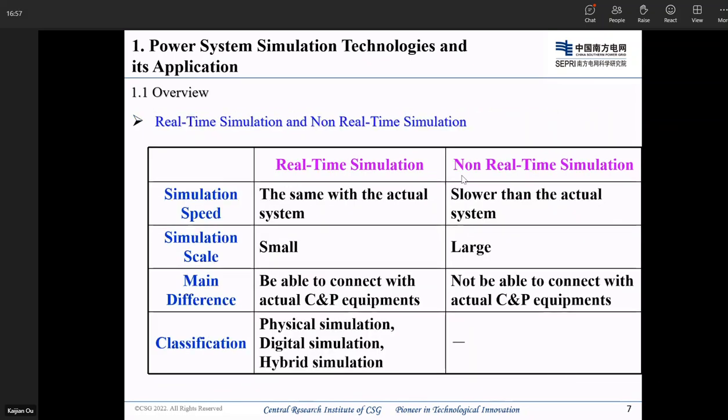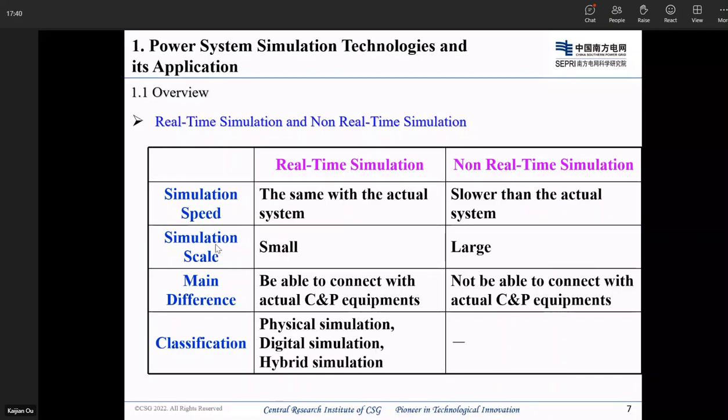For real time and non-real time simulation, there are also many differences. For real time simulation, the simulation speed is the same as the actual power system. That is to say, whatever the speed of the actual power system is, the real time simulation runs at that same speed. For non-real time simulation, the simulation is normally slower than the actual power system.